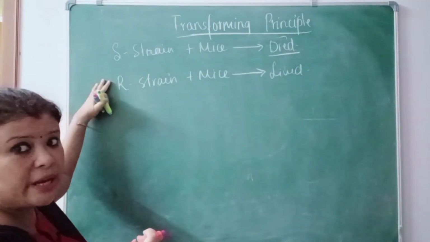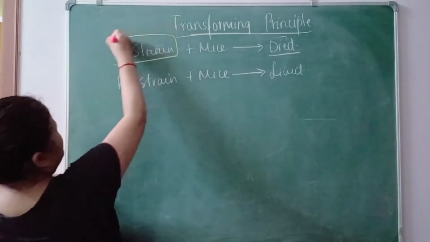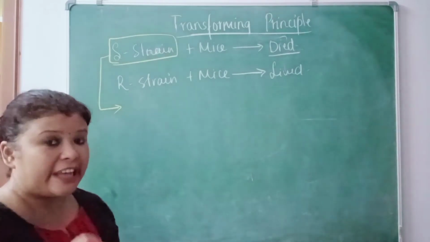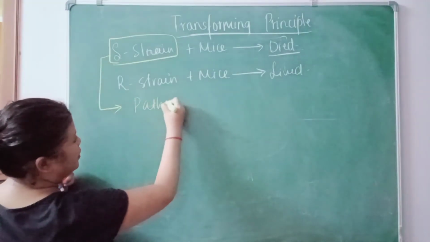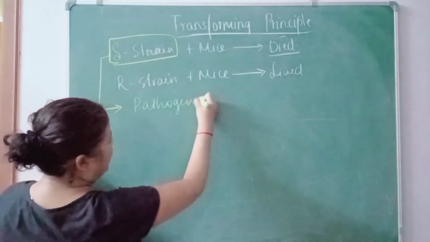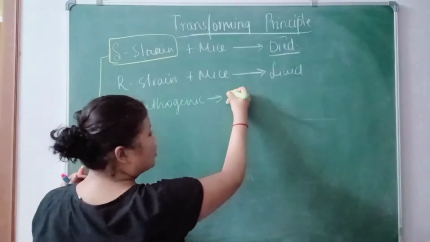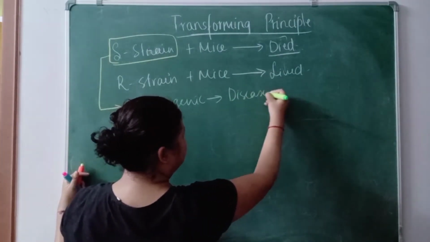These two steps confirmed that the S strain which was cultured in the petri dish is the pathogenic strain of bacteria. Pathogenic strain, as we all know, is the bacteria that causes the disease.